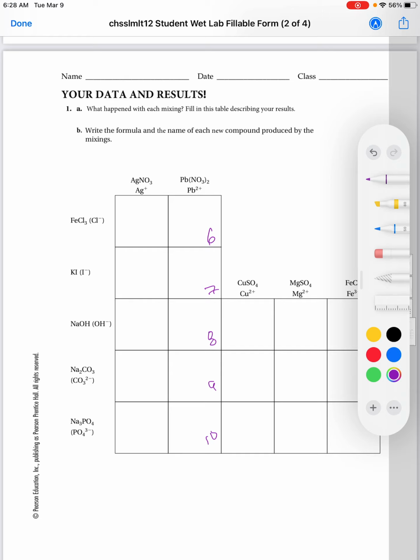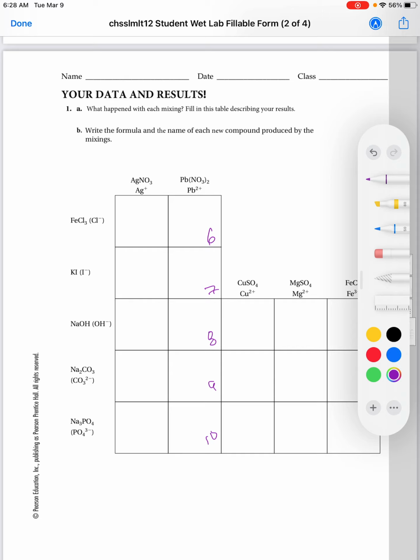Again, you see the brilliant pigments, the whitest whites and the brightest colors that lead pigments and lead salts give you. That's why lead was used in paints, but unfortunately it's toxic. So number 7 is a yellow precipitate, and it's PbI2, lead 2 iodide.